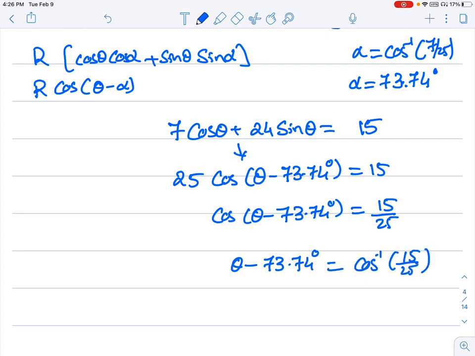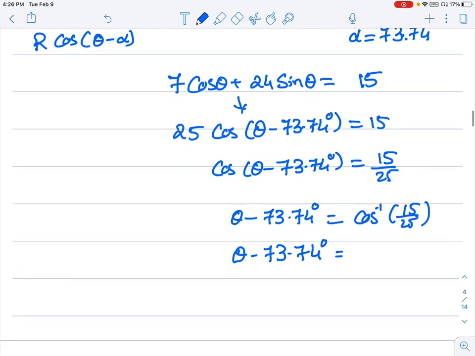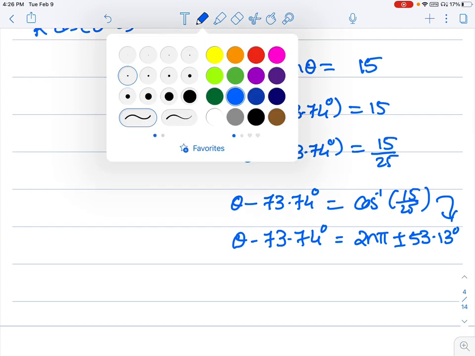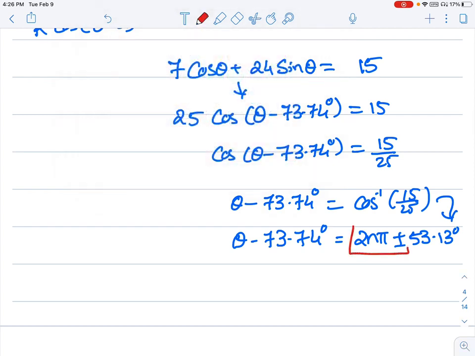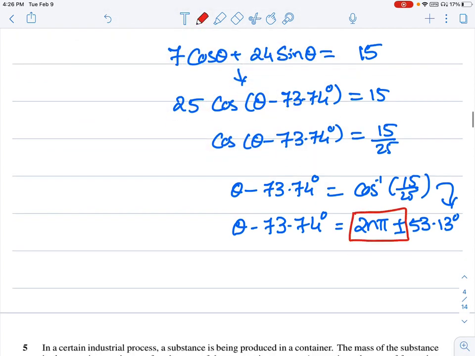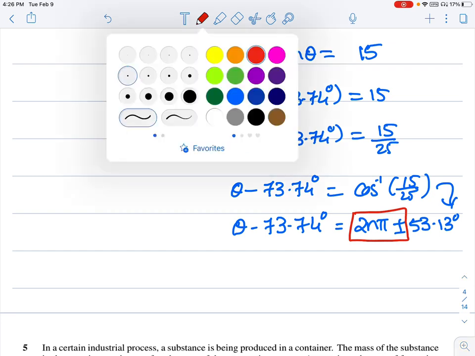Cos inverse of 15 by 25 is 53.13. Remember that whenever it is cos, I introduce 2n pi plus or minus, which is the general solution for cos.